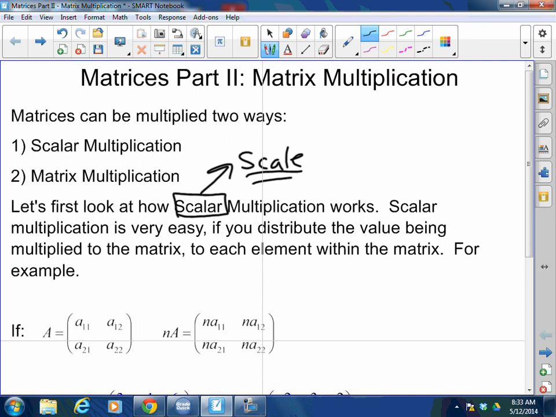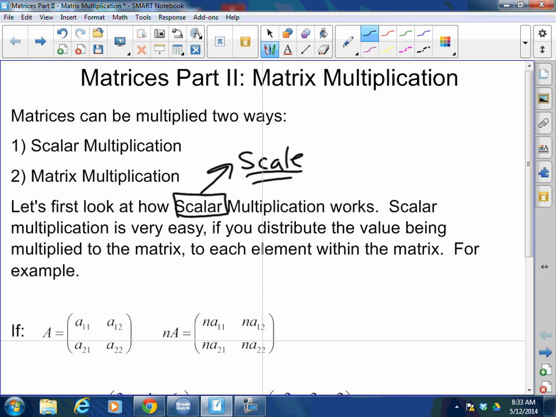Scalar multiplication is a similar concept. It is very easy, and all you have to do is distribute the value being multiplied to each element within the matrix. So scalar multiplication will either increase the value of every single element in that matrix, or decrease it, depending on what you're multiplying by.